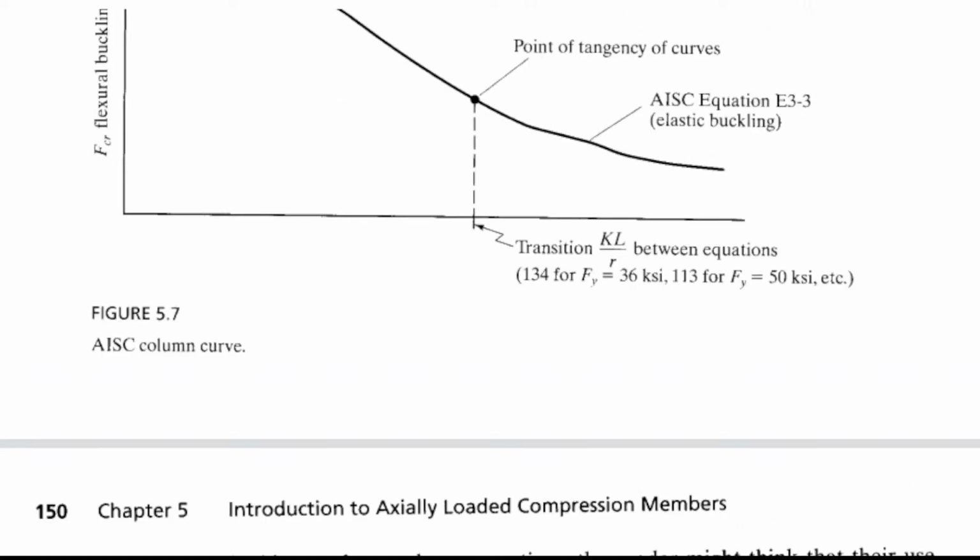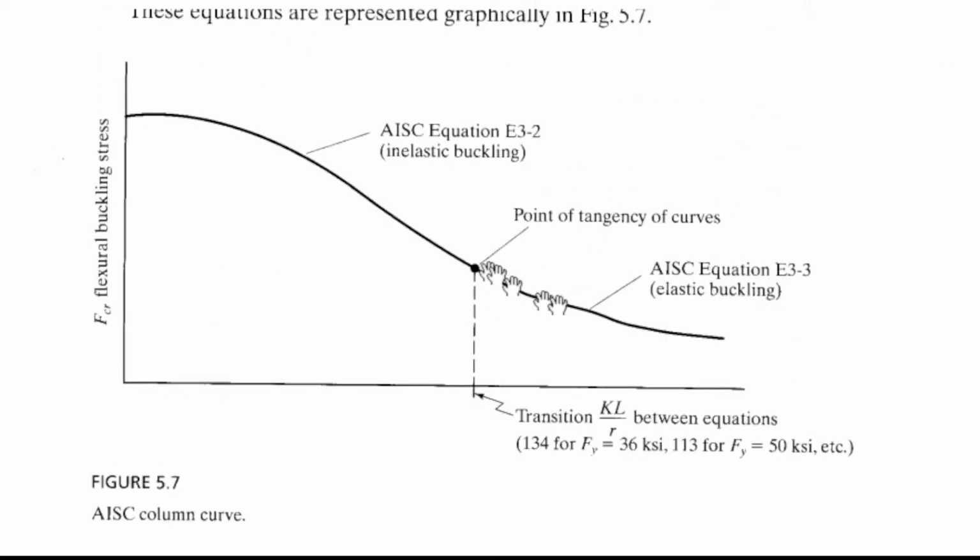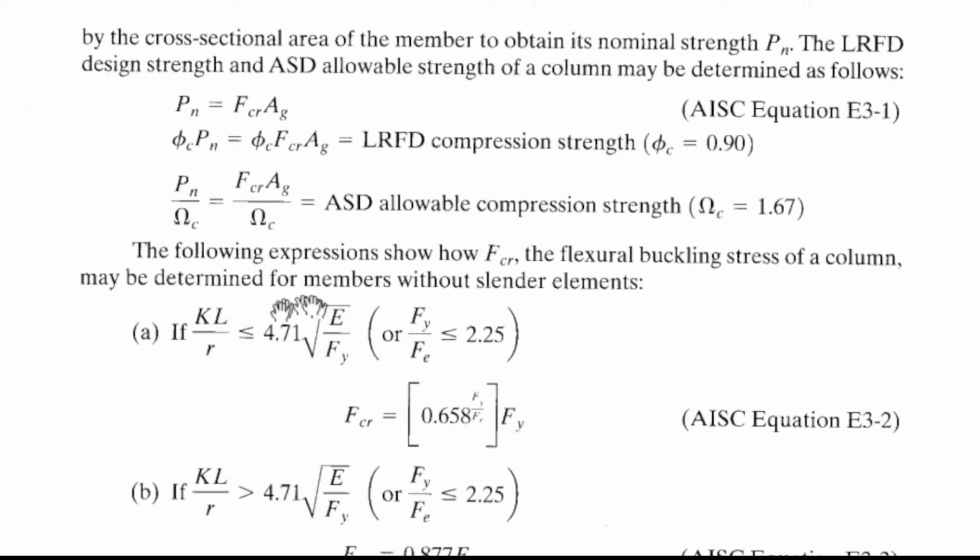So take a look again: this is greater than 4.71, and this is equal to or less than 4.71 square root of E over Fy, KL over r.